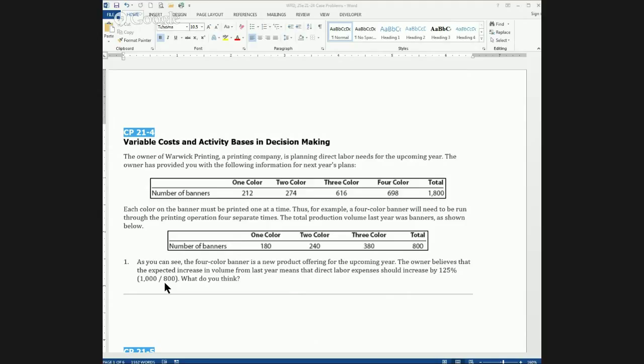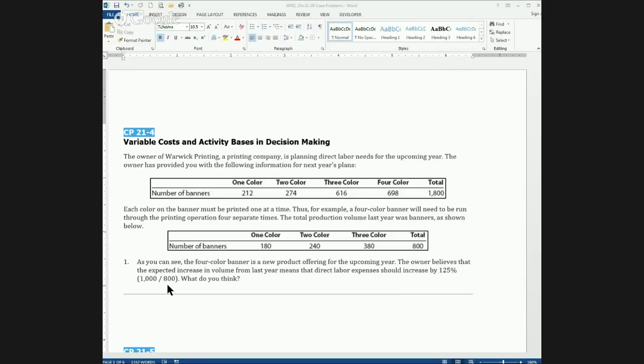Well, what do you think about that? The key to this exercise is to identify the cost driver for labor. A cost driver represents the activity that increases the number of hours that labor works. So what you should decide, based on how you understand this process, is whether the banners represent a good cost driver for direct labor, or whether there's something else that would create more time and complexity in the manufacturing process.